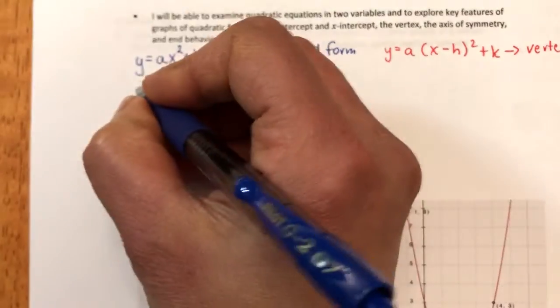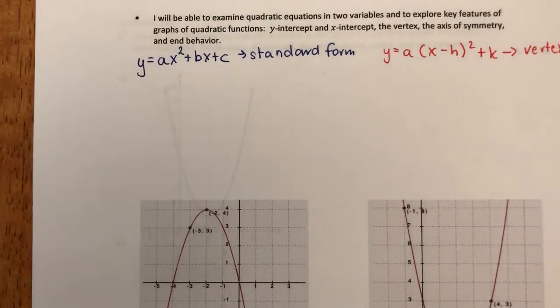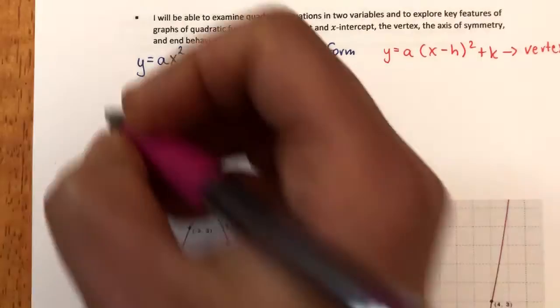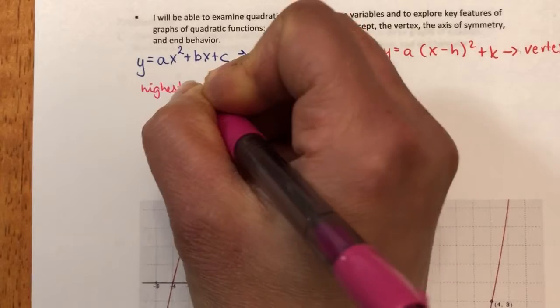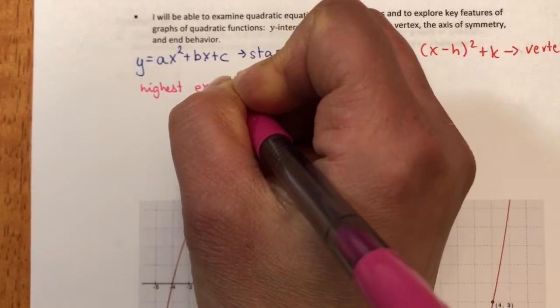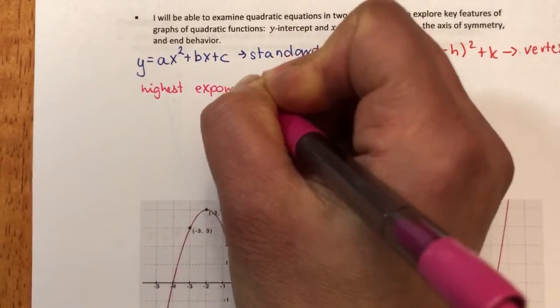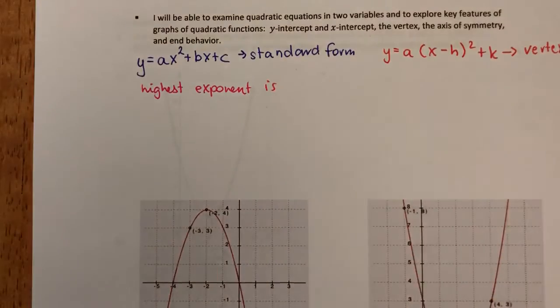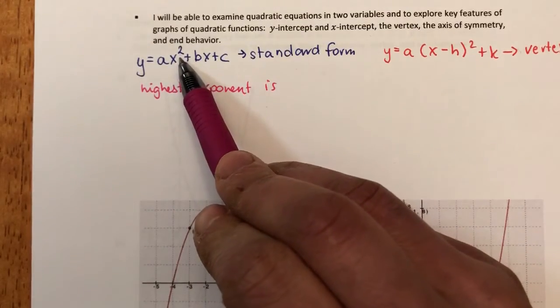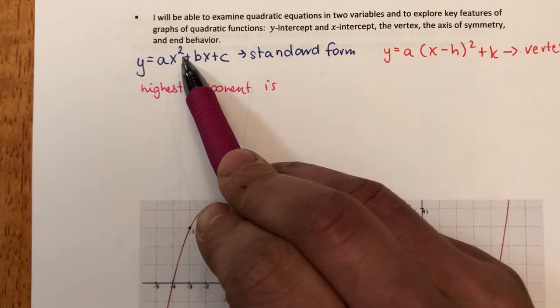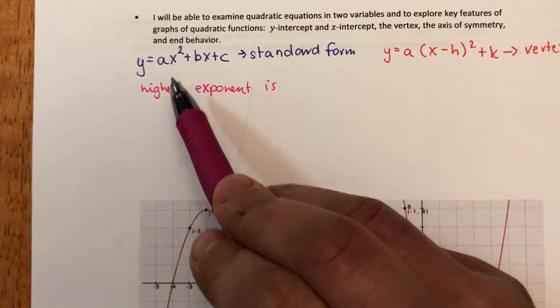Please remember that because we are talking about the quadratic function, the highest exponent is 2. So you need to see a function that has the highest power equal to 2.